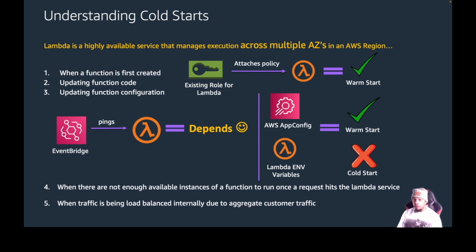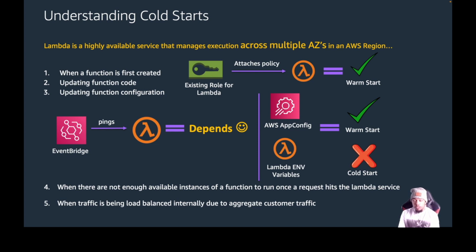So this is a big one. Remember, Lambda is a highly available service that manages executions across multiple availability zones. And so in order to maintain the integrity of Lambda and allow customers to scale as gracefully as they have been, we need to ensure that the spread of traffic across a region is up to par. And so if they sense that it needs to be load balanced to properly distribute traffic so that there is no bottlenecks or no single points of failure, then it will attempt to load balance a Lambda from one availability zone to the next.